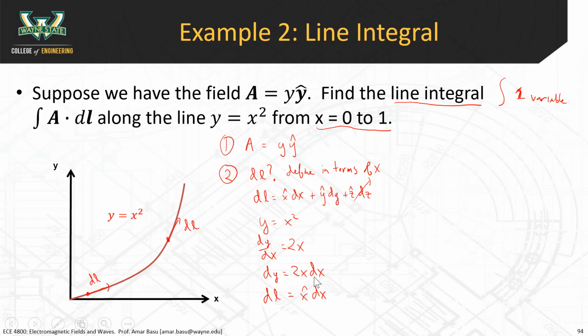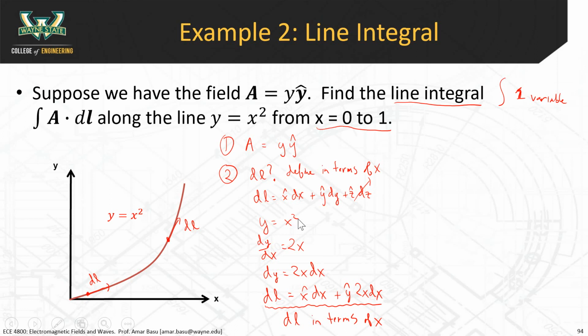So we substitute: dy is equal to 2x dx. So this will be y hat times 2x dx. Now we have a new relationship for dl. This is dl in terms of x. That's the key thing. This is the key step for doing the line integral.